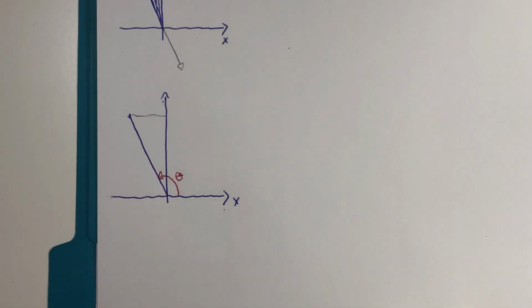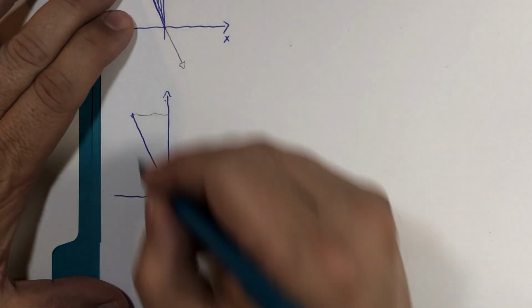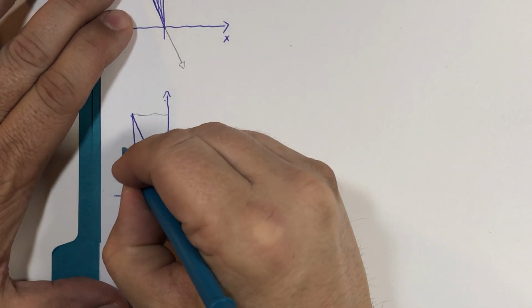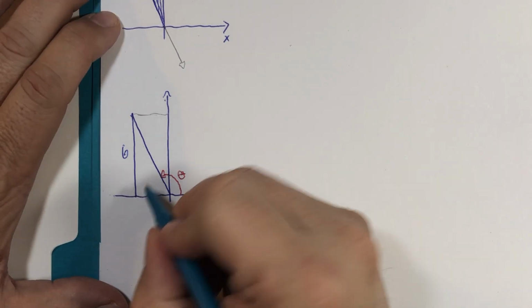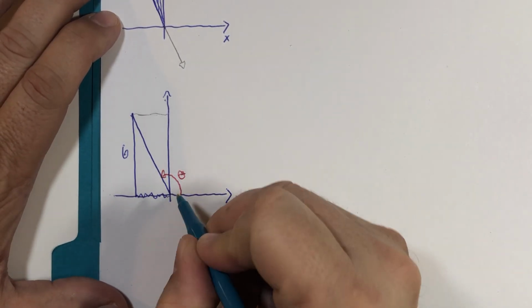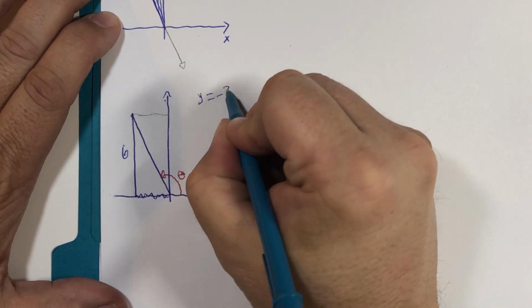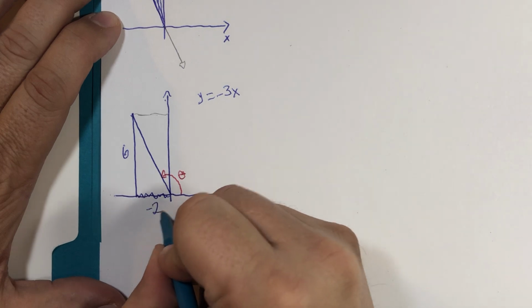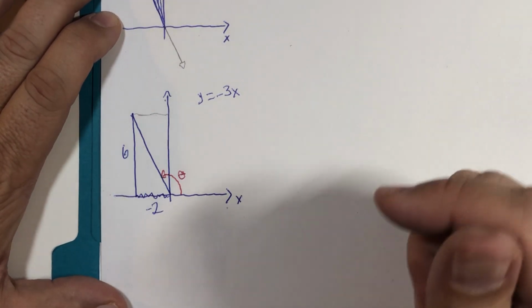So let me slide down here and slide up here. And we're going to look at this visually from our old triangle trigonometry days. This is 6 right here. And I didn't take the time to measure this before, but if this line's equation is y equals negative 3x, then x would have to be a negative 2 in order for this to be a positive 6.